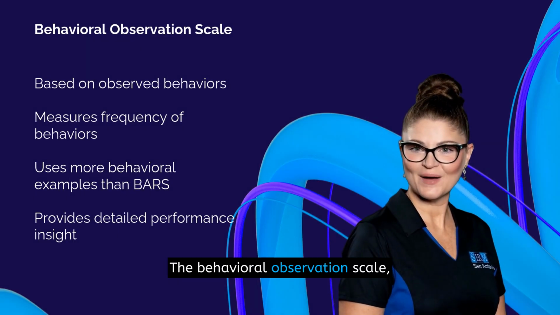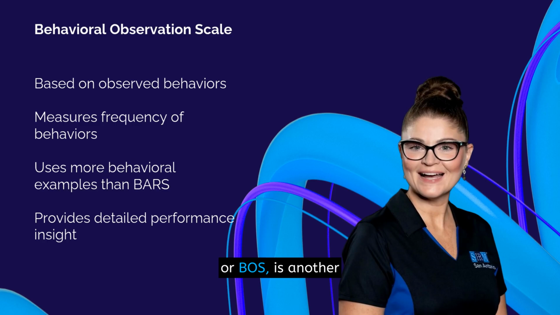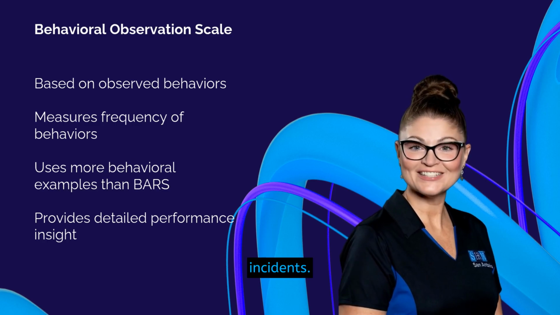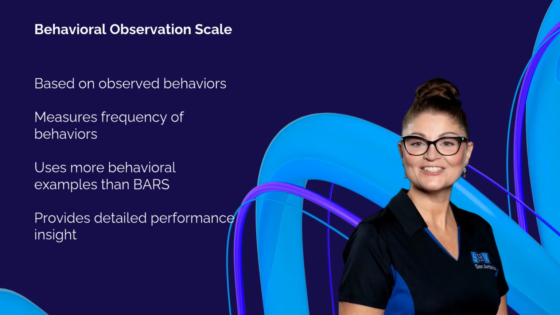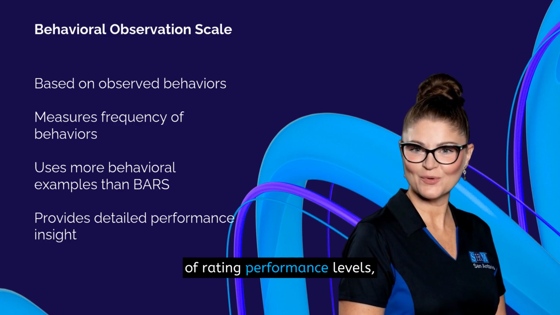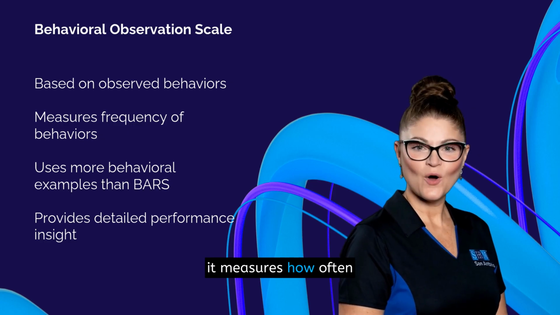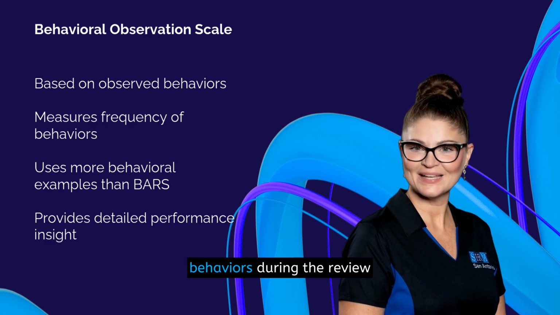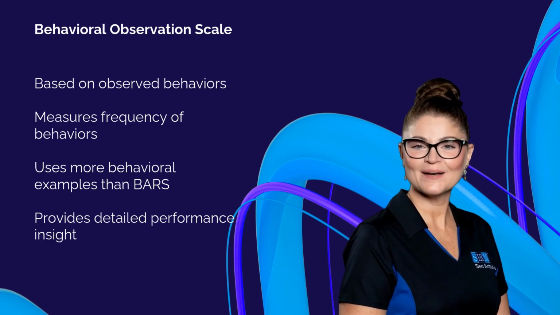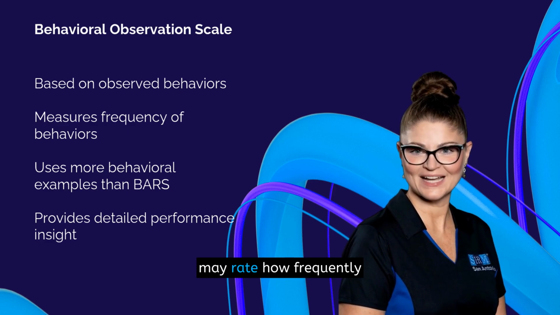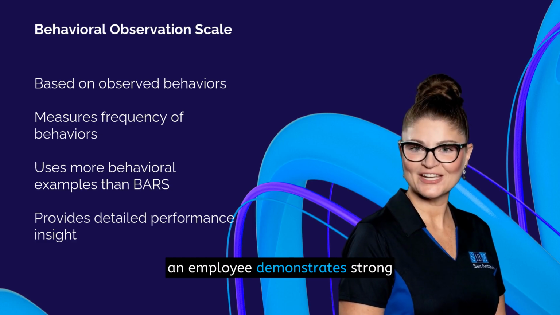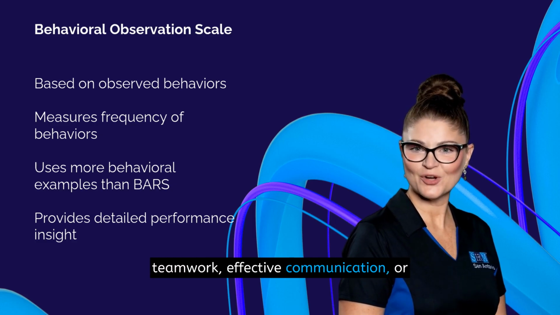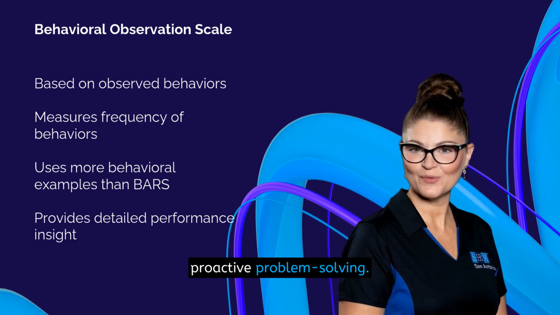The Behavioral Observation Scale, or BOS, is another method built from critical incidents. Like BARS, it focuses on behavior, but instead of rating performance levels, it measures how often an employee demonstrates certain behaviors during the review period. For example, a manager may rate how frequently an employee demonstrates strong teamwork, effective communication, or proactive problem solving.